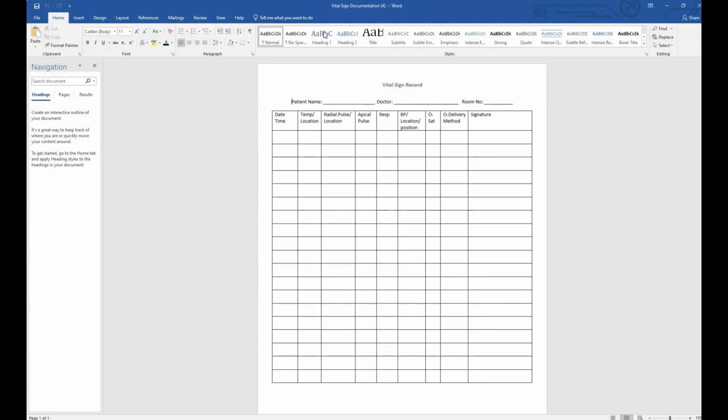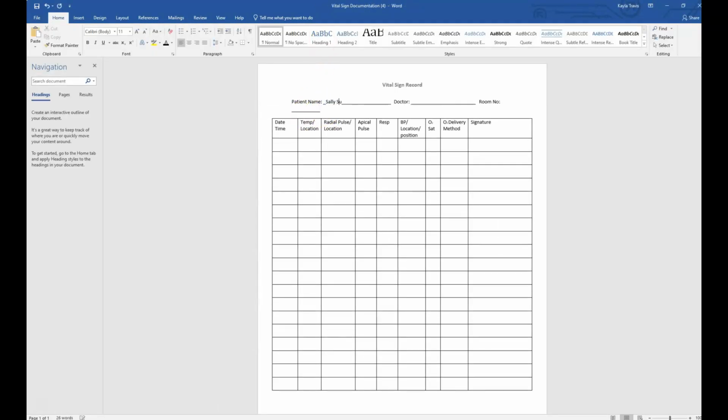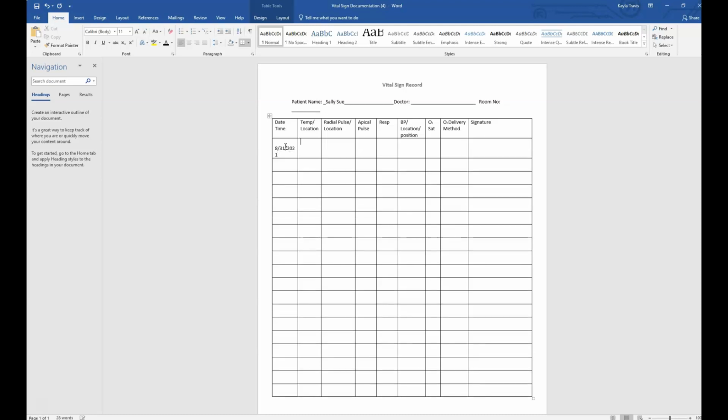Okay, so I'm going to enable editing, and I'm going to say that I took care of Sally Sue. The doctor doesn't really matter, room number doesn't matter, but my patient's name was Sally Sue. I took my vitals today on 8/31/2021. And I took them at, let's say, 12 o'clock.